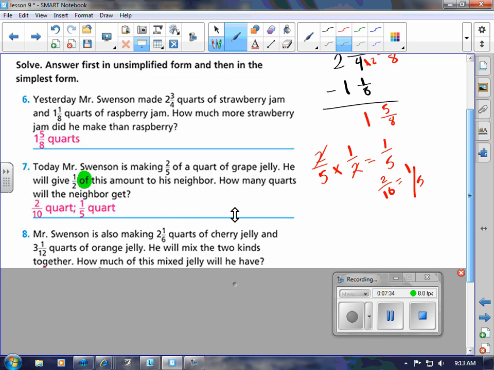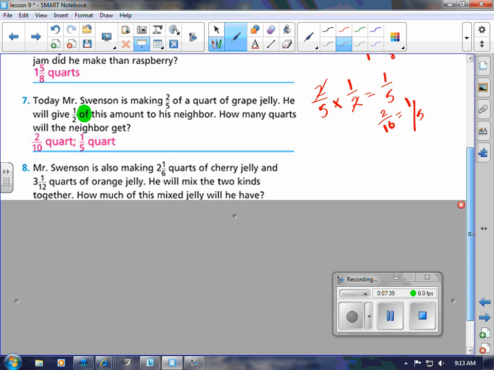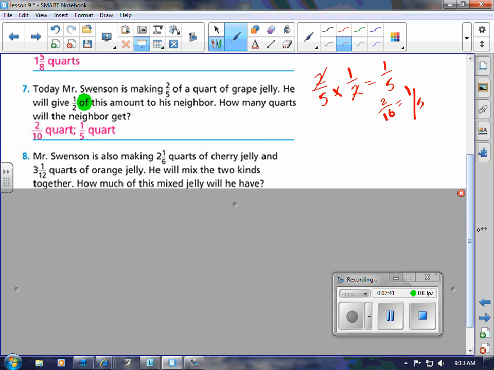Mr. Swinson is also making 2 1/6 quarts of cherry jelly and 3 1/12 quarts of orange jelly. He's going to mix the two kinds together to get orange cherry. Interesting. How much of this mixed jelly will he have? So you're adding this time. So when you add, remember you're going to go 2 1/6 plus 3 1/12.